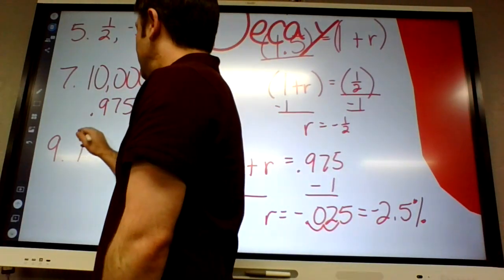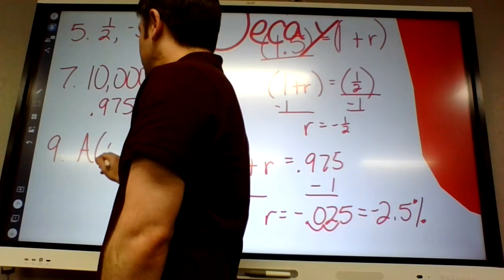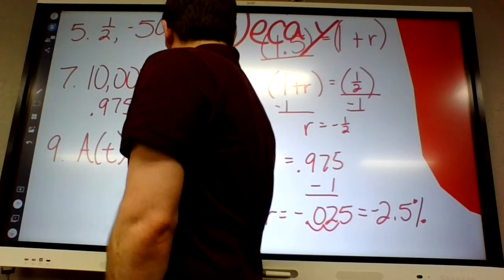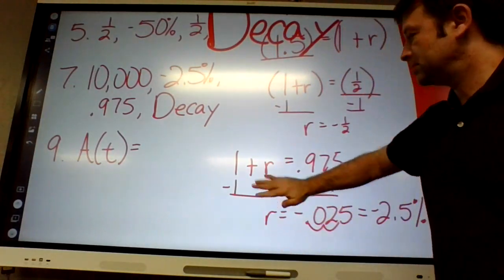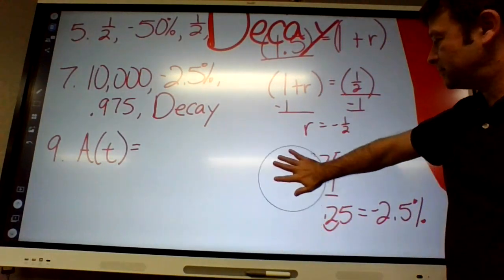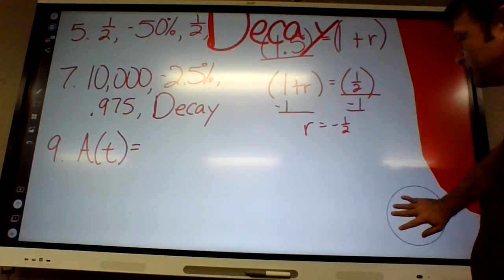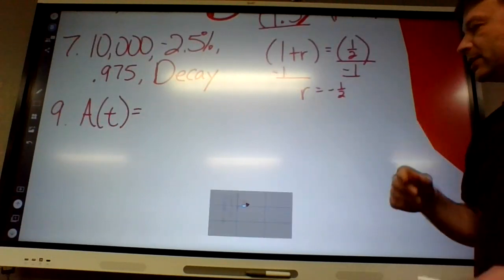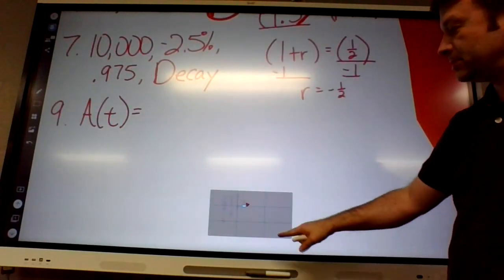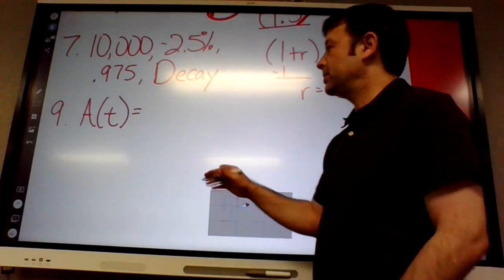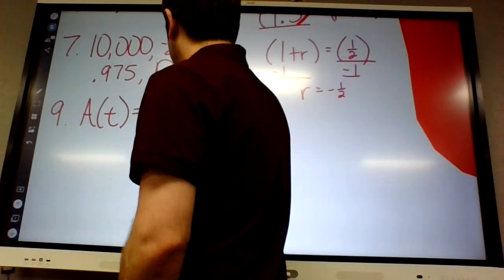On all these, I'm just going to start with the A of t, kind of like yesterday. The variable will be t, time. What's the first number? 33,000 is the initial amount.